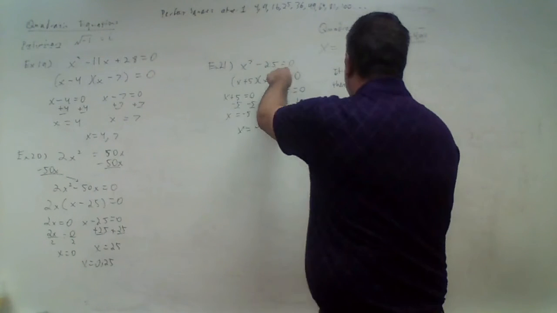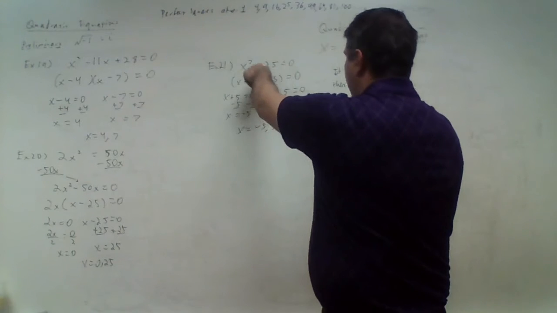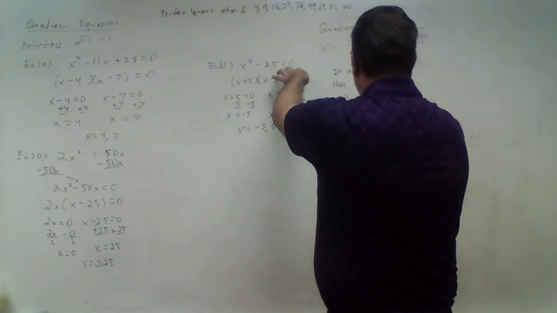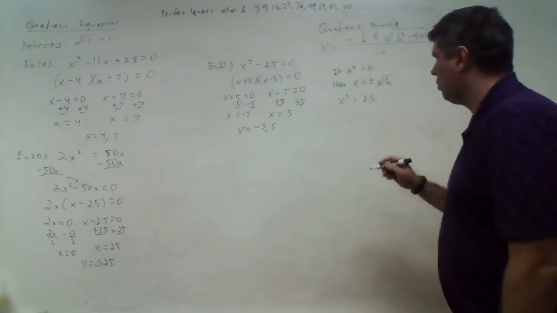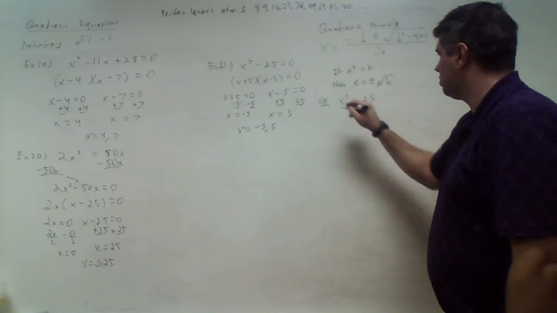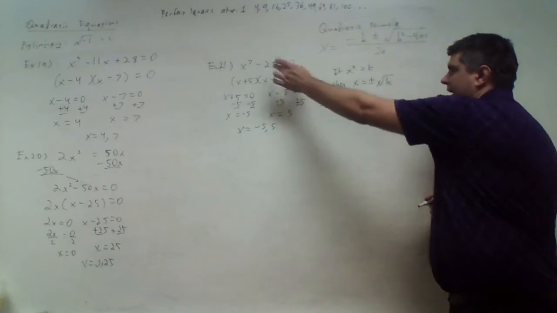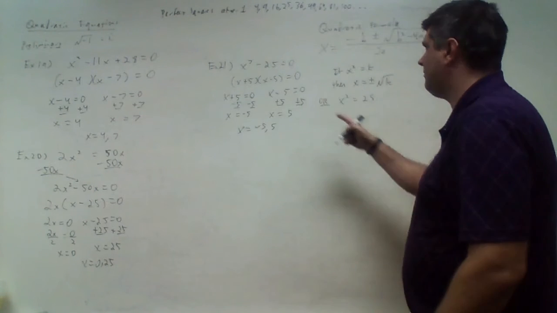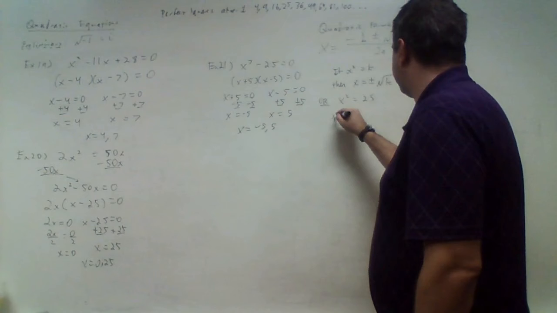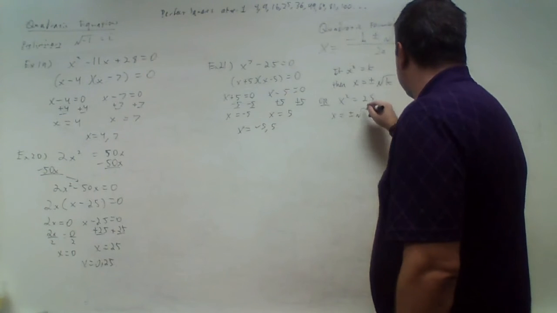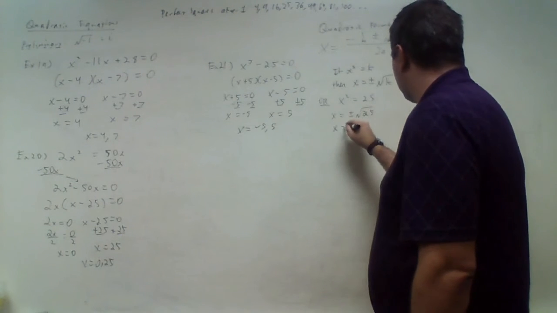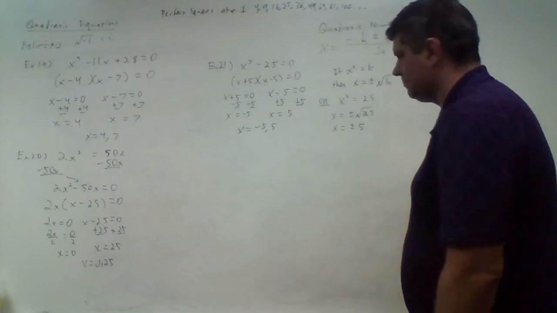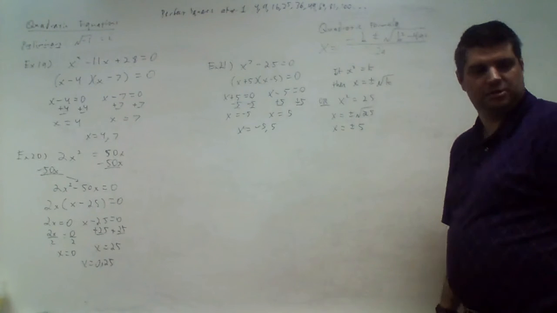Add your 25 back, you'd have x squared. So you could have done this. Add your 25 to both sides. X equals plus or minus the square root of 25. X equals plus or minus 5. Okay, so that works.